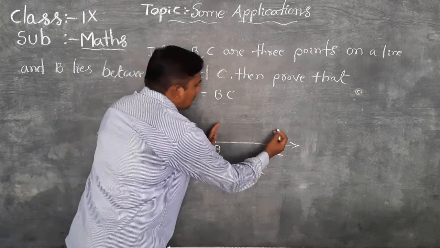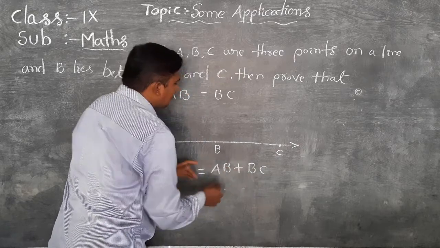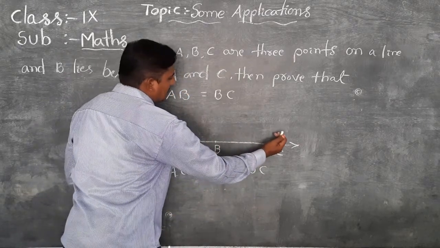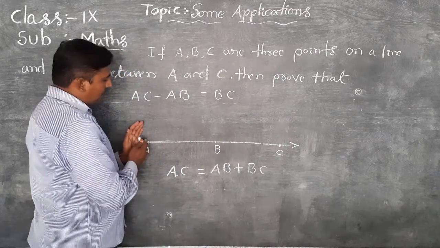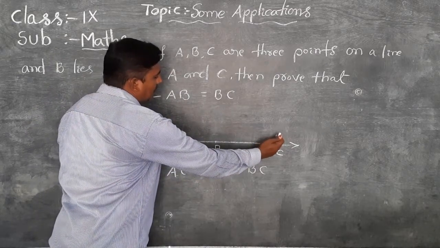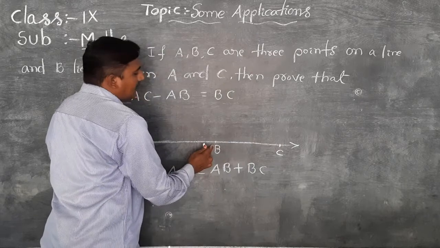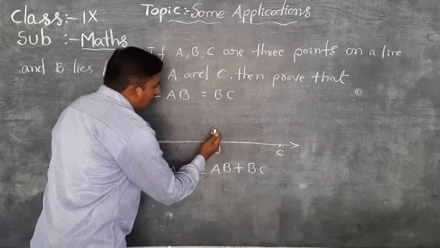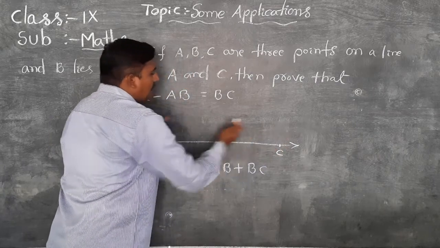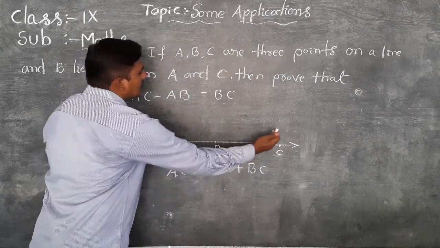AB and BC both added is equal to AC, the total from A to C. Here B is between A and C, so AB plus BC, these two values added is equal to AC.